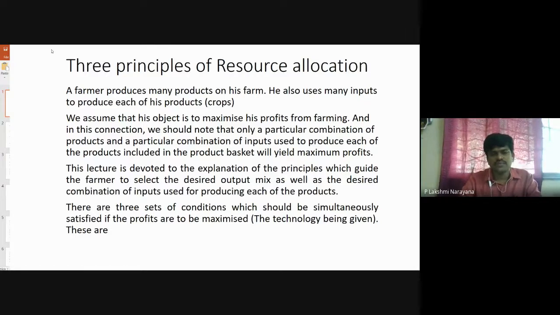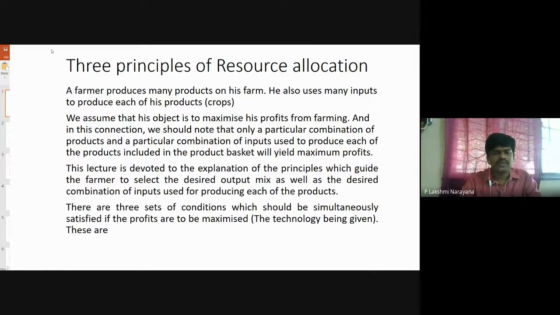We assume that the farmer's objective is to maximize his profits from farming, and in this connection, we should note that only a particular combination of products and a particular combination of inputs used to produce each of the products included in the product basket will yield maximum profit.